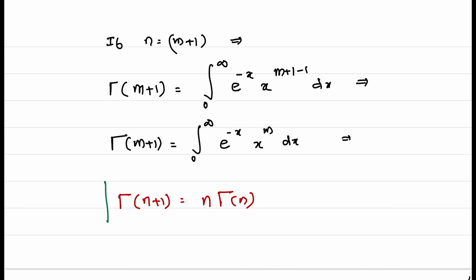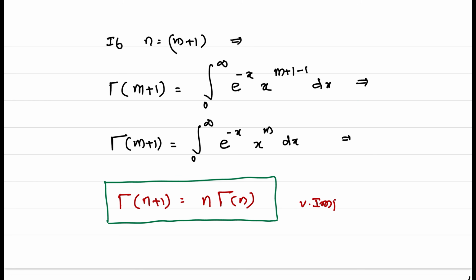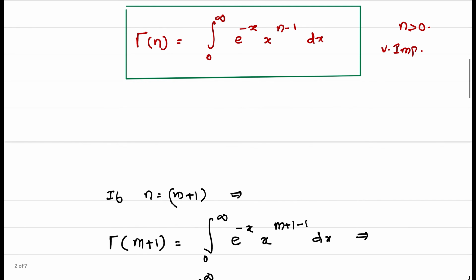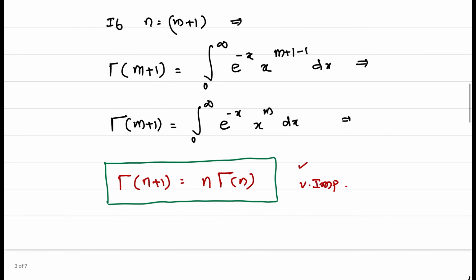This is another very important deduction from the definition of the gamma function. What is gamma n? Gamma n is equal to integral 0 to infinity e to the power of minus x, x to the power of n minus 1 dx. Gamma n plus 1 is equal to n into gamma n.